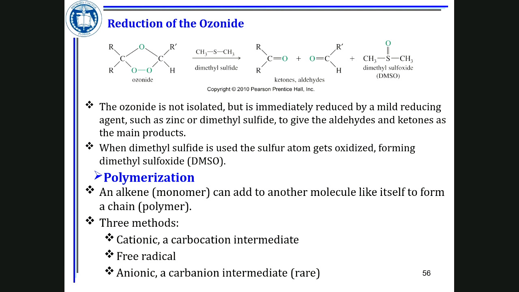So overall, with ozonolysis you're going to get aldehyde and ketone, and your dimethyl sulfide would change to dimethyl sulfoxide.